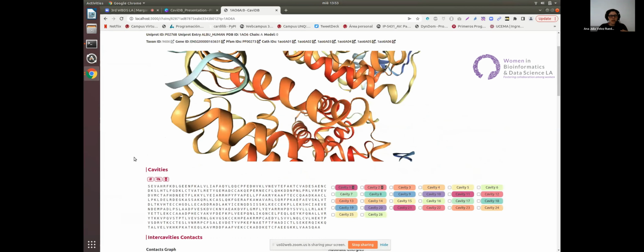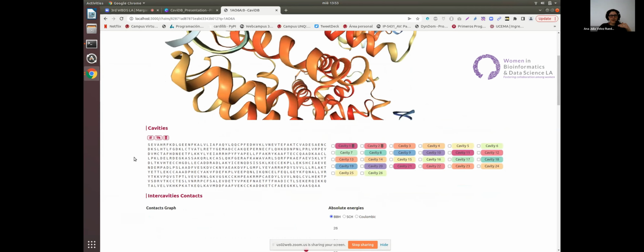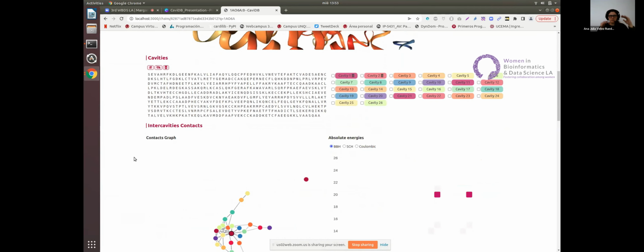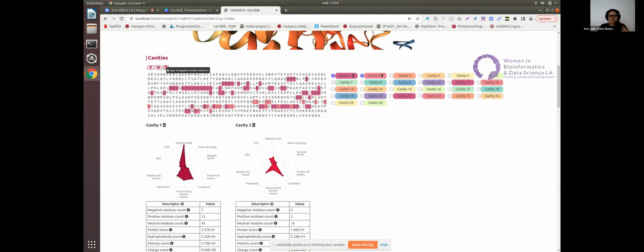Then you will have a second big section in which you have all the information related with the cavities predicted for this chain. You can click here, for example, and then you will have the information related with the druggable predicted cavities.